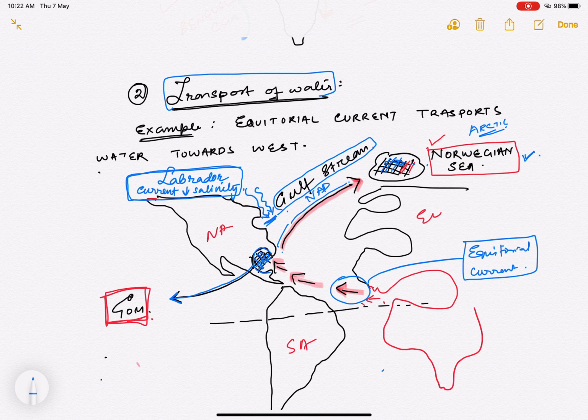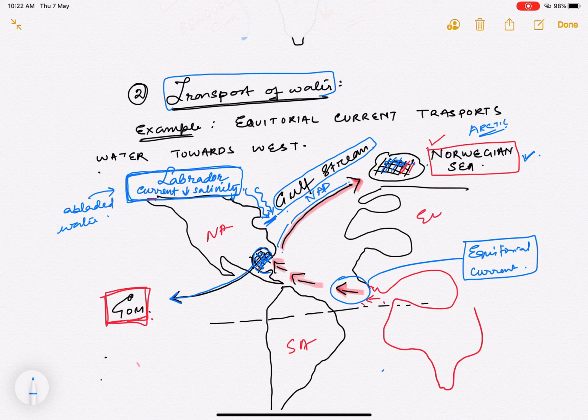Because the Labrador current brings cold, ablated water, fresh water from the glaciers, into this region, hence resulting in a decline in the salinity. Remember the complexity of this. First of all, I said that cold currents over there induce salinity, but over here understand that the Labrador current is actually bringing the ablated water, hence it is reducing your salinity.